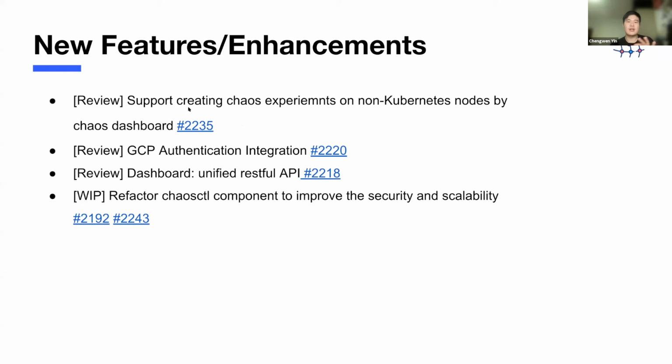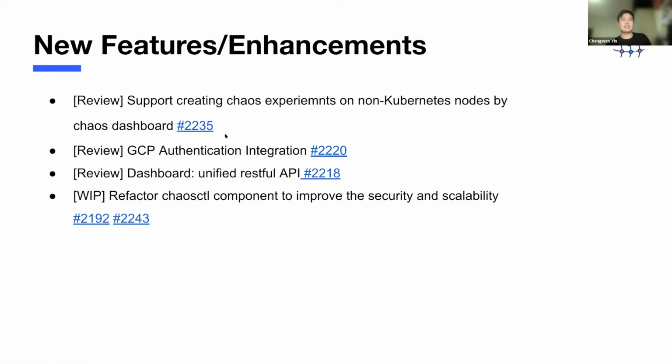In this feature, we will integrate Chaos-D and Chaos Mesh together, so users can create chaos experiments on both Kubernetes targets and non-Kubernetes targets on a unified dashboard. I'm also very much looking forward to this feature.